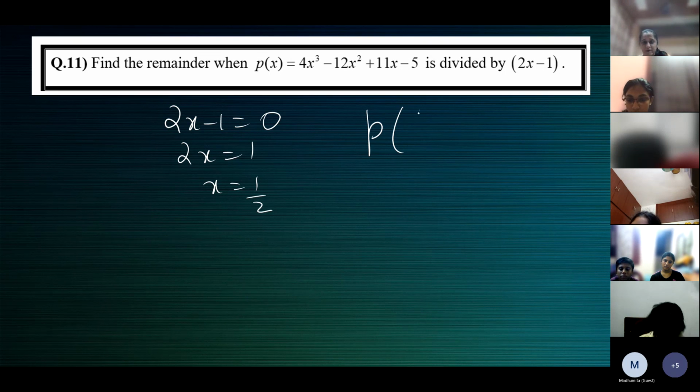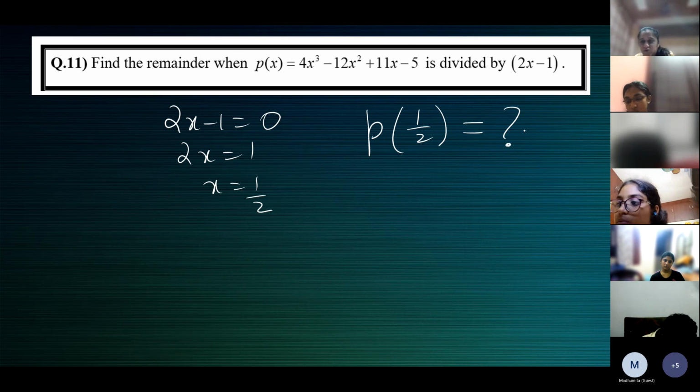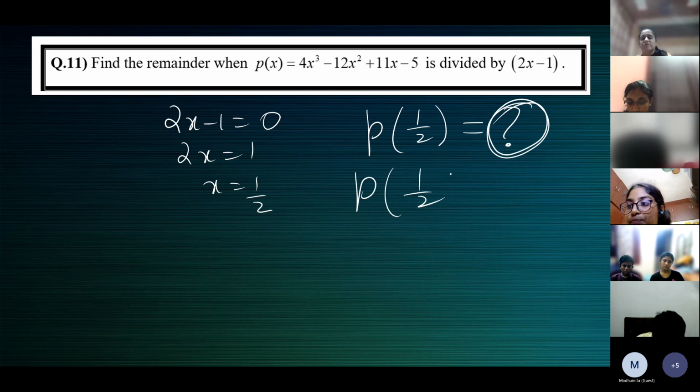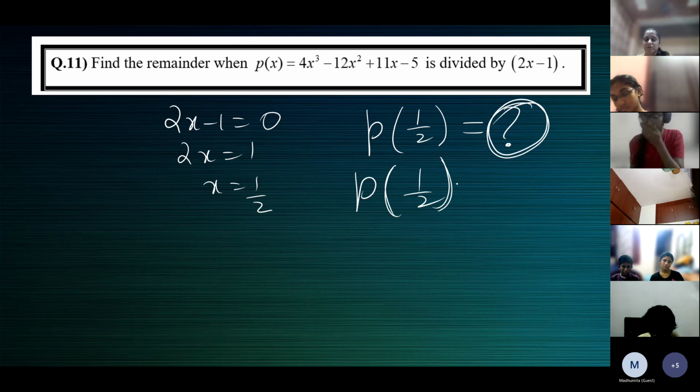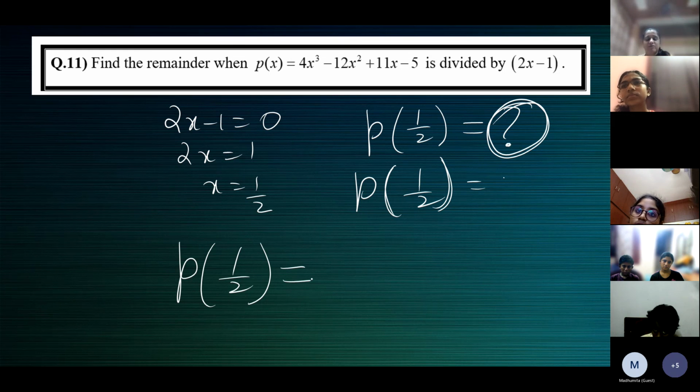Now, P of 1 by 2, you don't know. You don't know the remainder. You should find this one. So that means you should work and find P of half. You must find the value of P of half. Whatever you get, that is the remainder. But what is the answer for P of half?